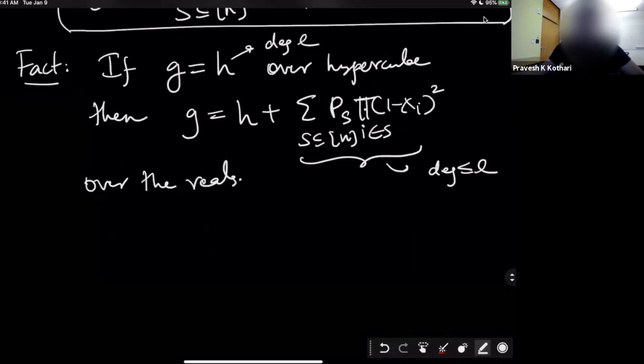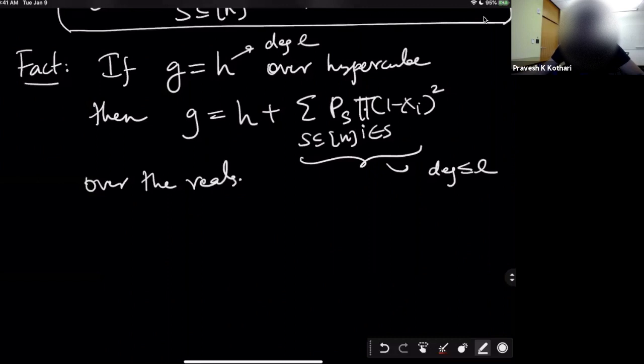So two polynomials are equal as functions over the hypercube if and only if G equals H plus something which is basically a sum of multiples of 1 minus x_i squared, the constraints that appear in your system, over the reals.